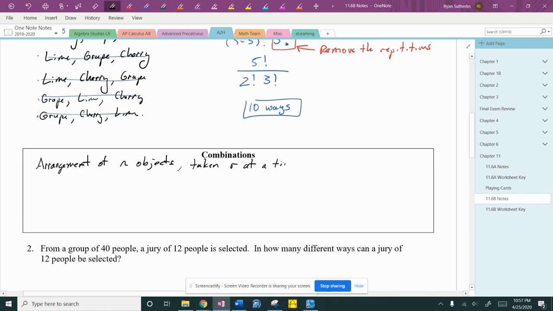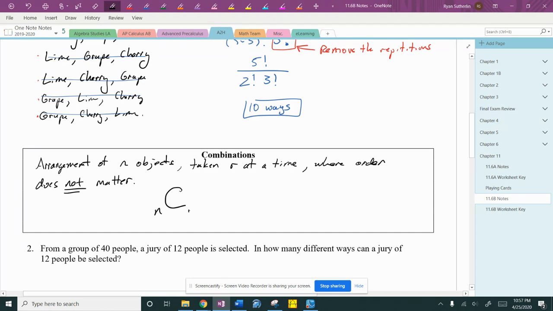So we have r groups where order or position does not matter, right? They don't have a role. They don't have a position. Group 1, 2, 3 is the same as group 3, 2, 1 is the same as group 2, 1, 3. And so this is a combination.